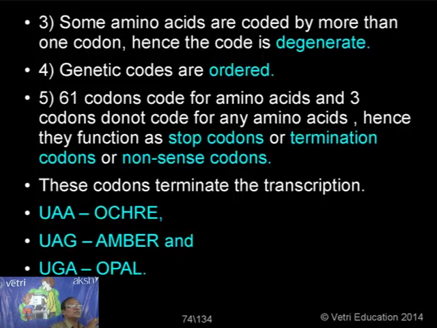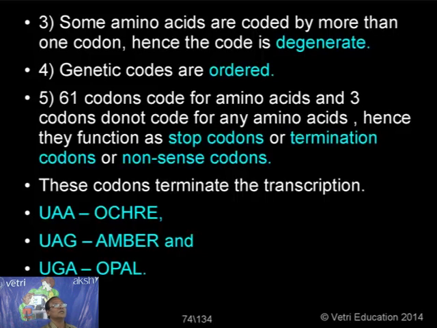Now, the genetic codes are arranged in a specific, ordered manner. Out of the 64 codons, only 61 codons are considered functional codons. The remaining 3 codons are called non-functional codons. They do not specify an amino acid, that means they do not have any message for an amino acid. That is why they are called nonsense codons.